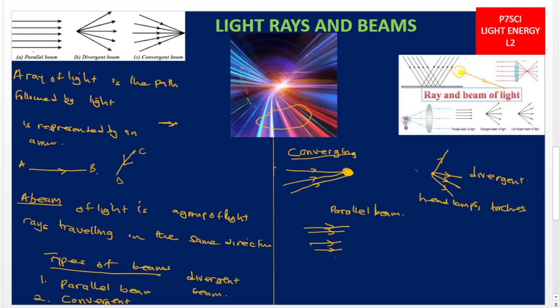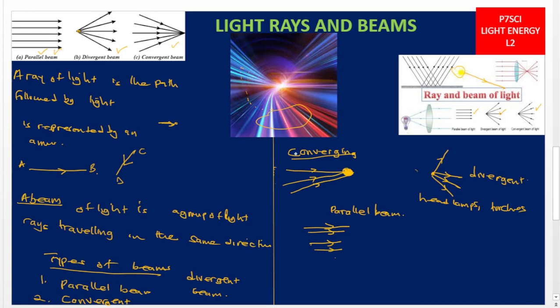Now this is divergent, so they are coming from one point to different areas, and now they are coming from different areas and collecting at a point. So this is the convergent beam, divergent beam, and the parallel beam of light. Those are the beams and rays of light.